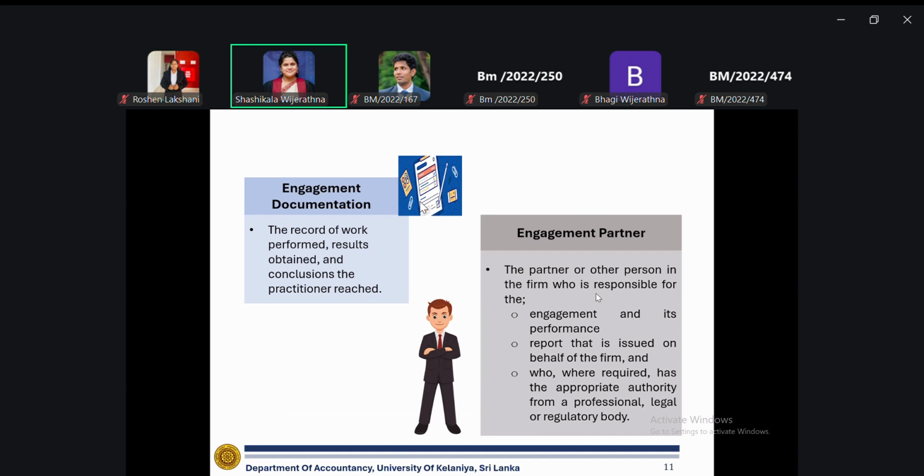Engagement documentation, that is the record of the work performed, results obtained, and conclusions the practitioner reached. Okay, so why is it important to prepare this engagement documentation? Let's say you check the vouchers.